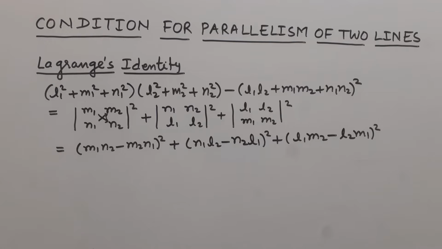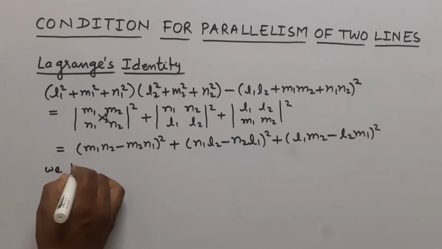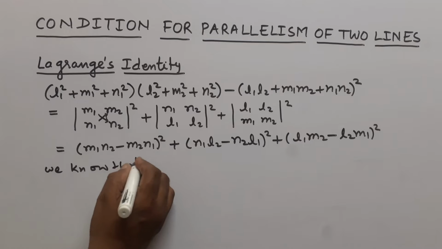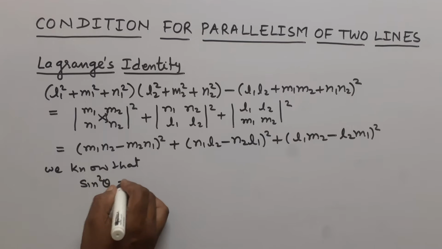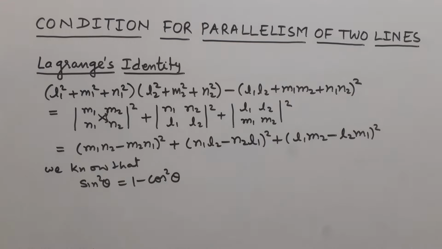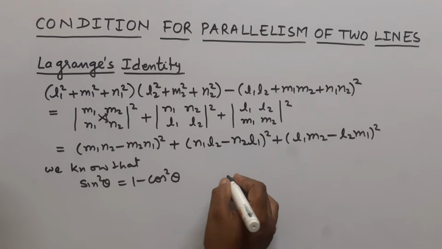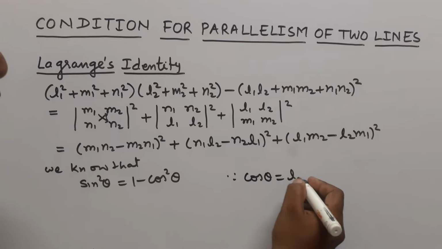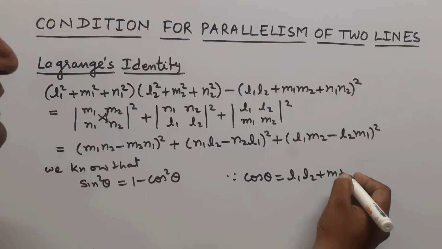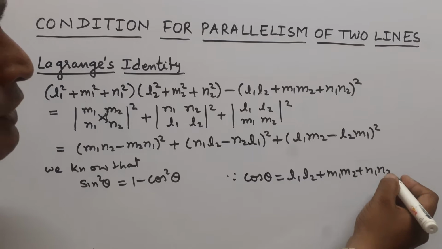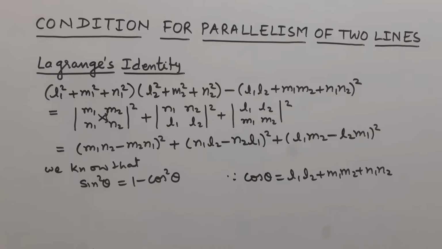Now we know that sine square theta is equal to 1 minus cos square theta, and we know that cos theta is equal to L1 L2 plus M1 M2 plus N1 N2, where L1 M1 N1 are the direction cosines of one line and L2 M2 N2 are the direction cosines of the second line.